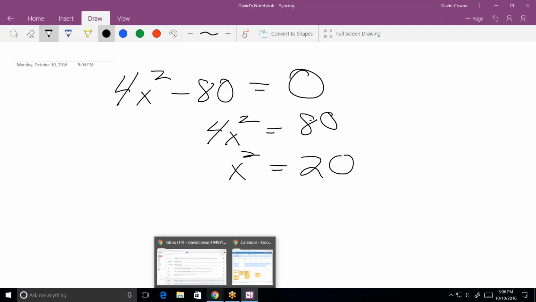But now I'm going to solve this by taking the square root of both sides. That's why it's solving it by radicals. Well, when I take the square root of both sides, I get x on the left, but what do I get on the right?